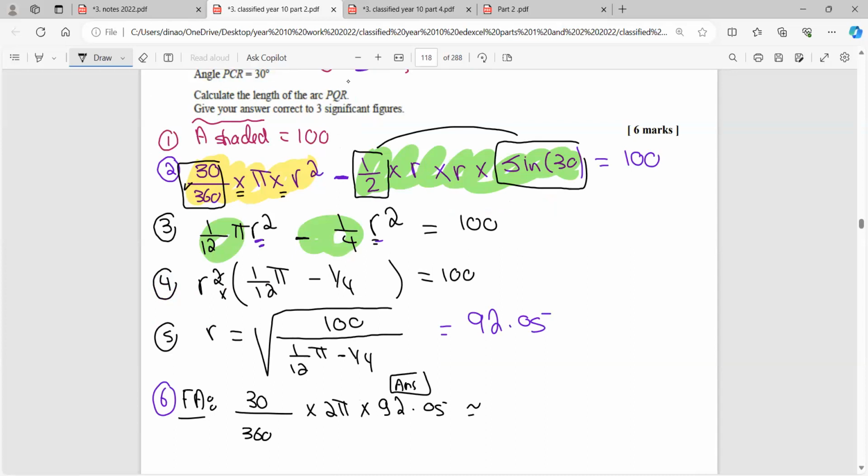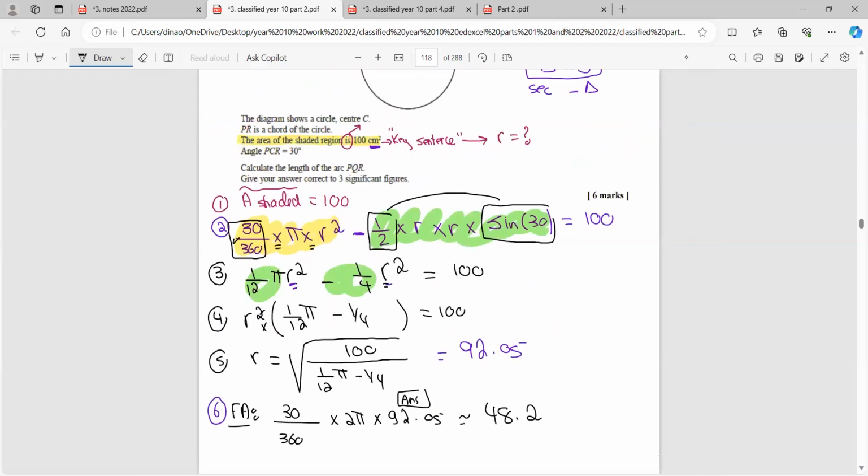So 30 over 360 times 2 times shift pi times answer. Let me do it again, sorry: 30 over 360 times 2 times shift pi times 92.1. I get 48.2 after rounding.